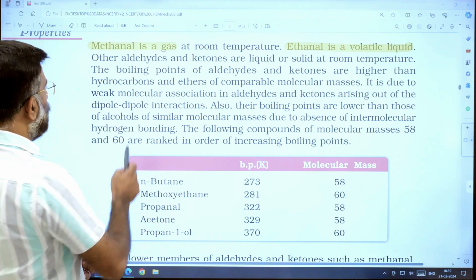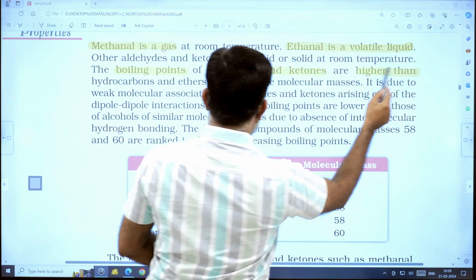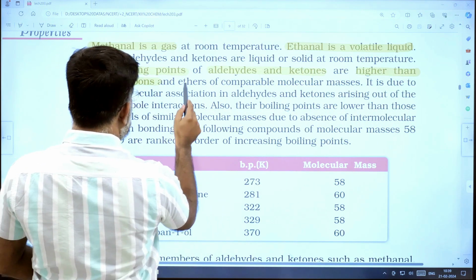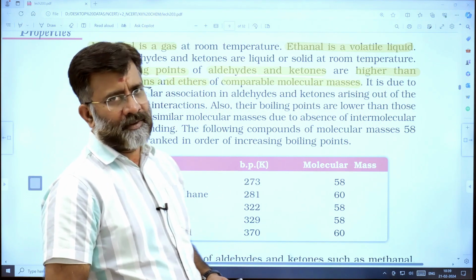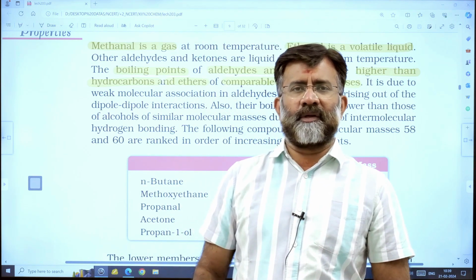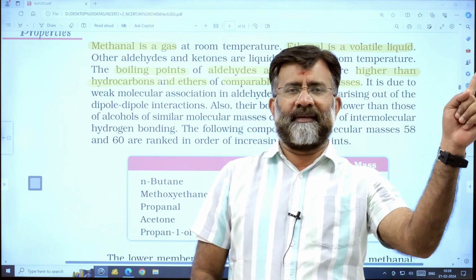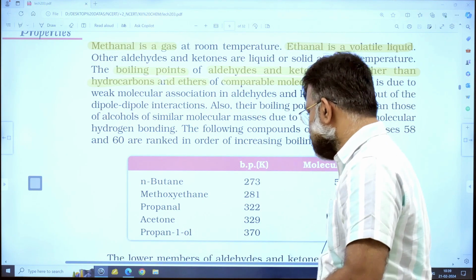The boiling points of aldehydes and ketones are higher than hydrocarbons and ethers of comparable molecular mass. So comparing hydrocarbons, ethers, aldehydes and ketones, the boiling point is high, but it is less than alcohols.